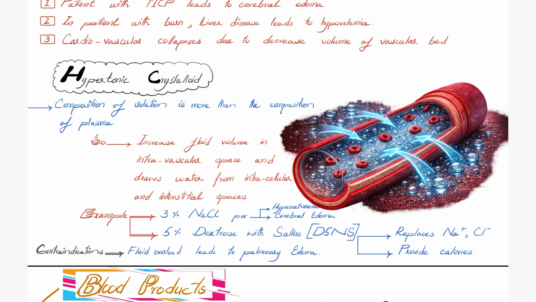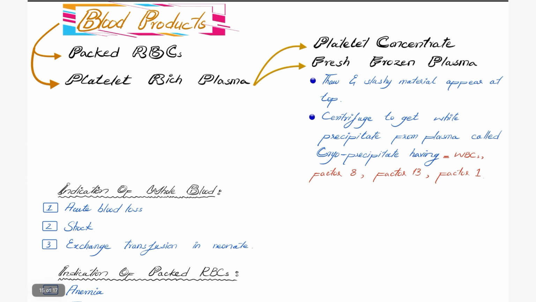Now let's jump to blood products. Spinning of whole blood at high speed leads to separation of its components, and it's called centrifugation. The components of whole blood achieved after centrifugation are packed RBCs and platelet-rich plasma. We will talk about their indications ahead in the lecture. From the platelet-rich plasma, we can obtain two more components: platelet concentrate and fresh frozen plasma.